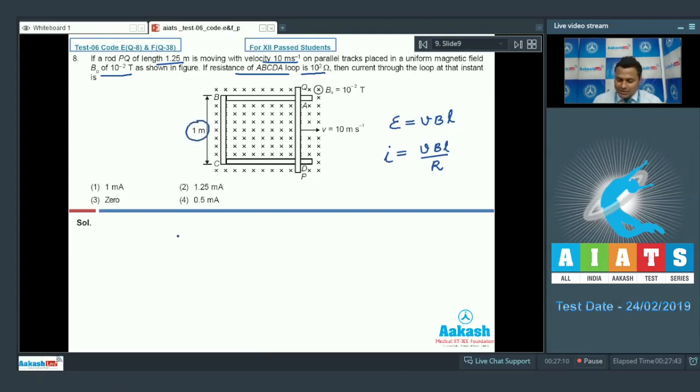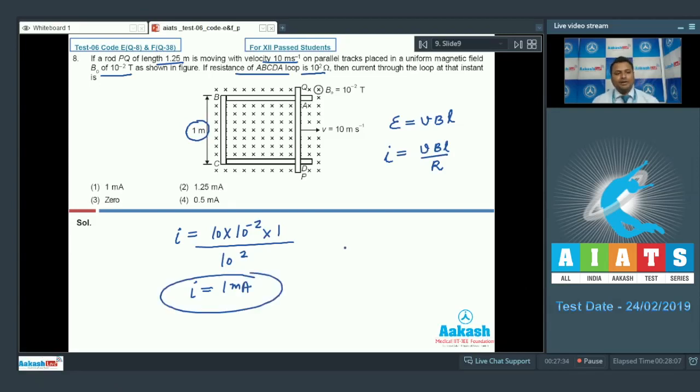So putting the values, we get value of electric current as velocity 10, magnetic field 10 to the power minus 2 into length of the rod, that is 1, whole divided by resistance, that is 10 to the power 2. So after solving, we'll get the value of current as 10 to the power minus 3 ampere or 1 milliampere. So we will go with option number 1.